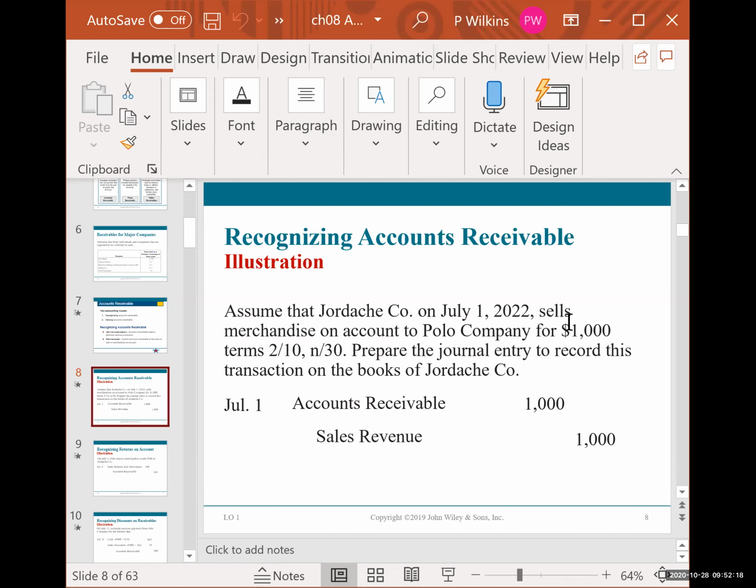Now remember, if we were working back in the chapter where we were actually doing the merchandise sales, we would have an entry for how much this merchandise cost. But we are omitting, that means we're skipping that part of the entry for this chapter only. And we're not going to go back to the entries with the cost of goods sold for the rest of this class.